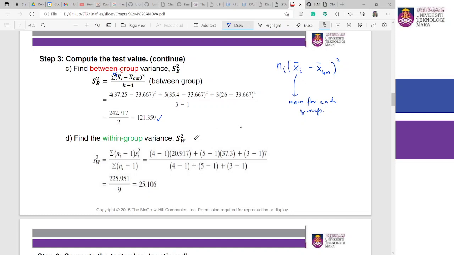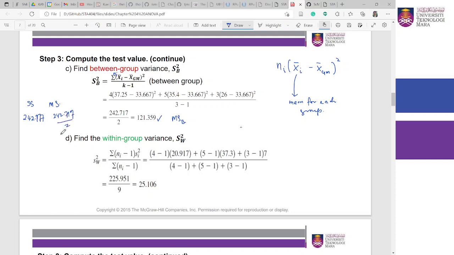So this is actually the MSB. So nanti jangan confuse, dia ada sum of square dengan mean square. So this part, sum of square is 242.717, and then mean square is simply 242.717 divided by 2.